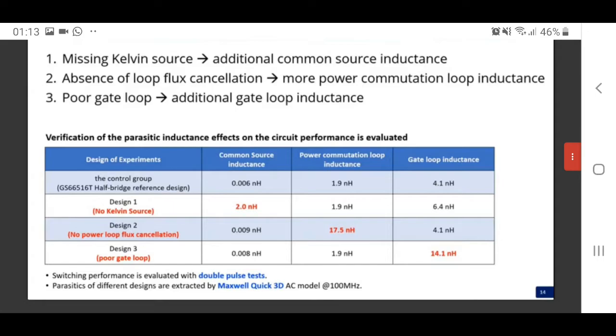Designs 1, 2, 3 come from the most common first-time designer mistakes. For example, no Kelvin connection, or a very large gate loop or power commutation loop. But we did not put in practically bad designs. So all these designs are still pretty okay designs, just not optimal. So let's look at what happened.